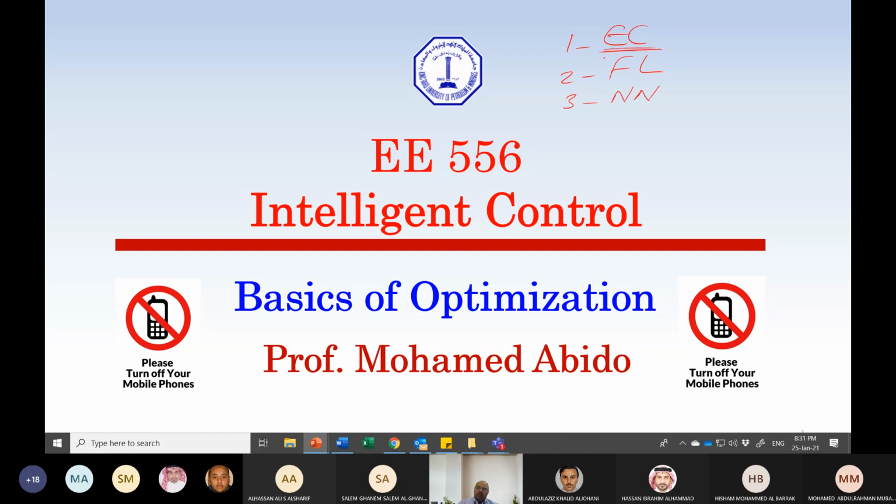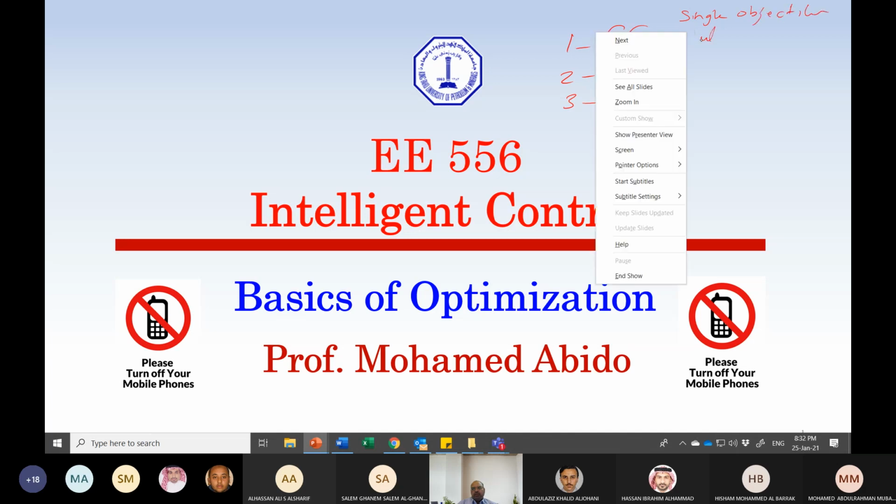For evolutionary computation, we will give you the basic concept first, and then we will discuss 3-4 specific techniques. Evolutionary computation can be implemented as single-objective optimization or multi-objective optimization.